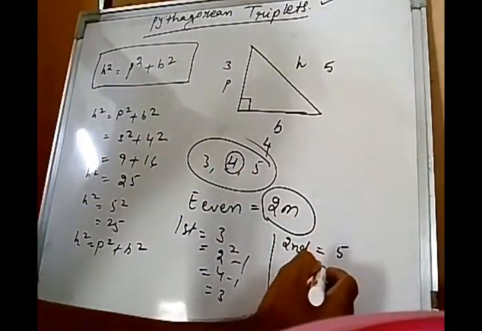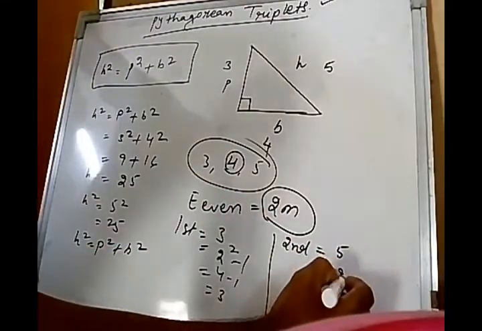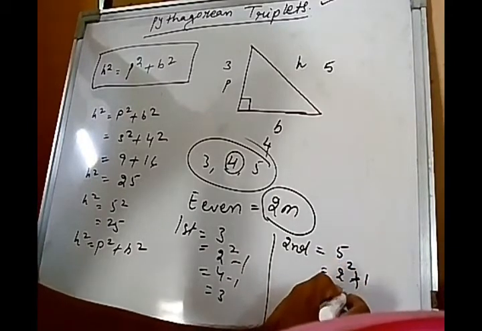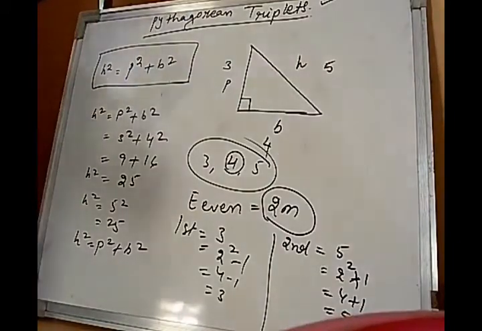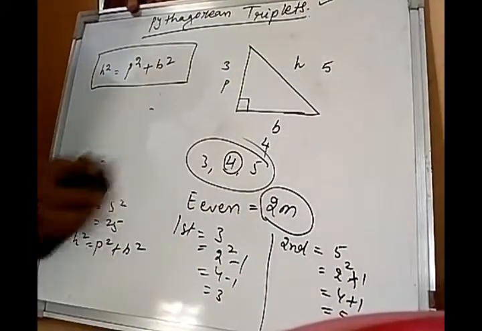Here 5 is the square of a number plus 1, that is 2 square plus 1. So we can write 4 plus 1 equals 5. So here, from this even number, we will find the triplet form.